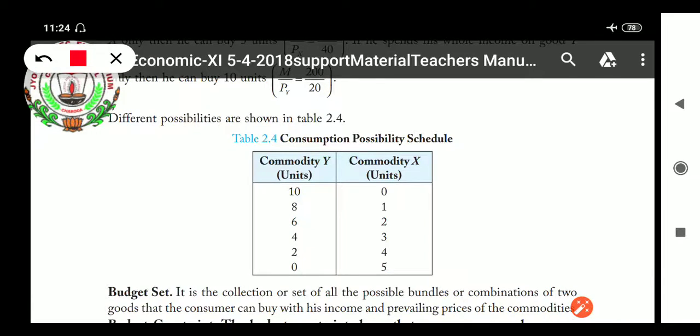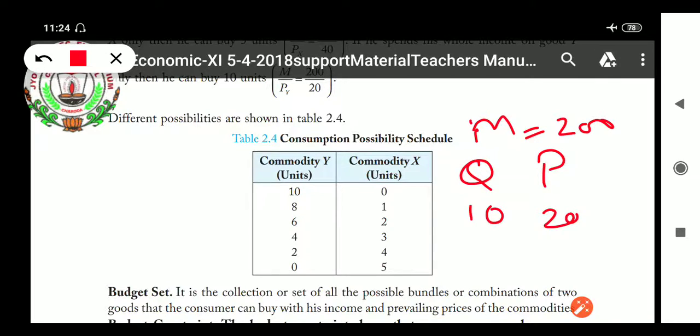Here, the income of the person was 200, that is M equals 200. If the person is ready to pay only for Y, how much quantity can he get? He can get 10 units of Y, at price 20 rupees. Then the total income will be 200.